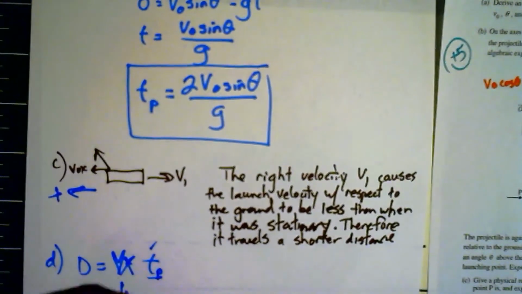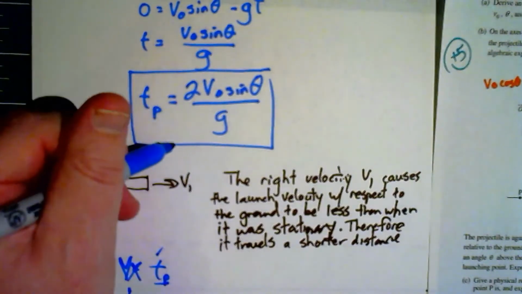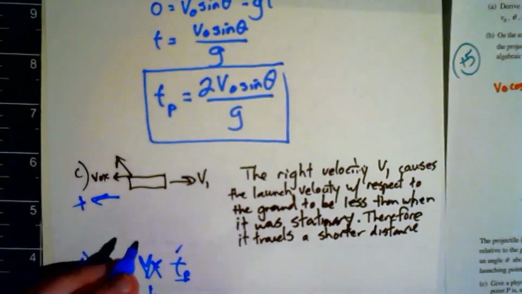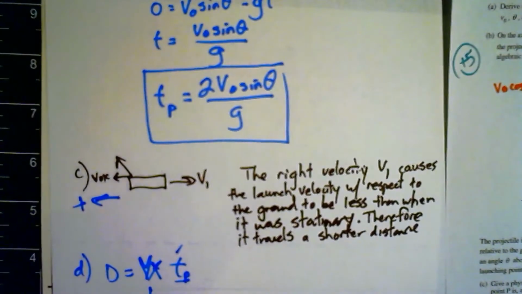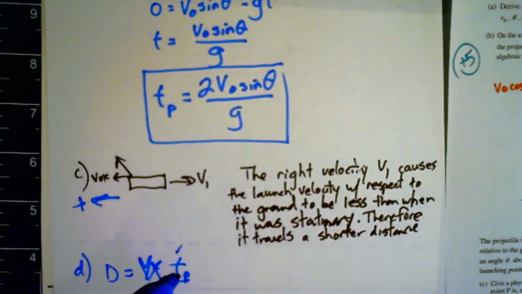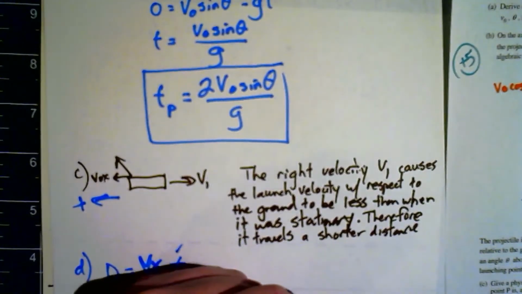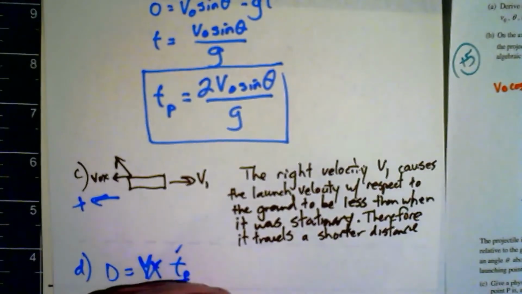So I've got v0 cosine theta minus v1. All right? So this is our velocity in the x direction. Our tP is our time. And so I can make those substitutions. So d will equal v0 cosine theta minus v1, that's my velocity in the x direction, times my time, which is 2 v0 sine theta divided by g.